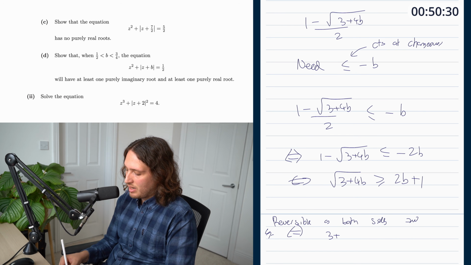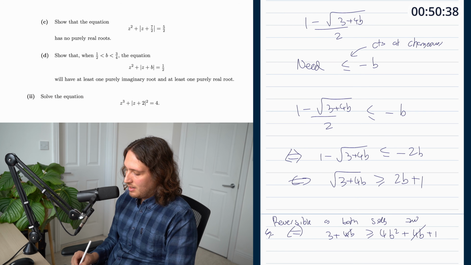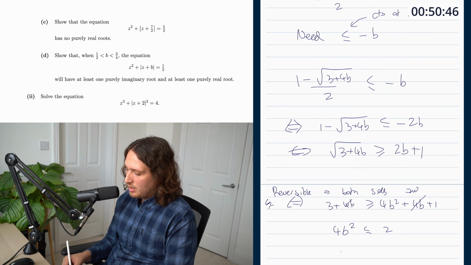Squaring, I get 3 plus 4b at least 4b squared plus 4b plus 1. That cancels with that. So I get, as long as 4b squared is less than or equal to 2, as long as b squared is less than or equal to 1/2.